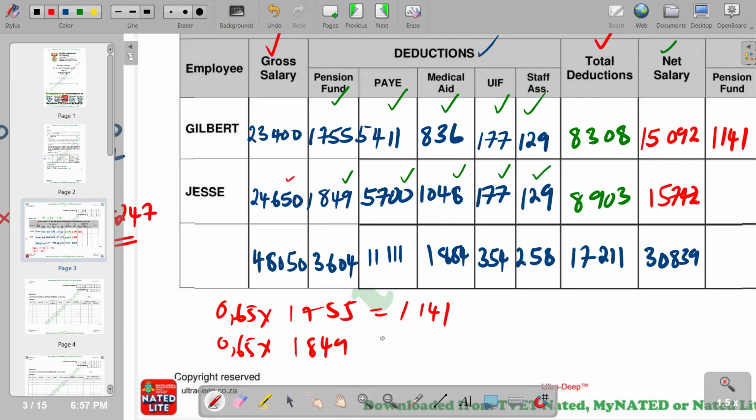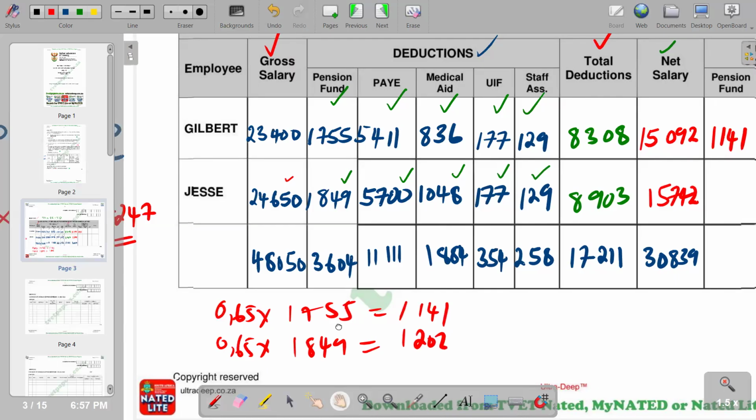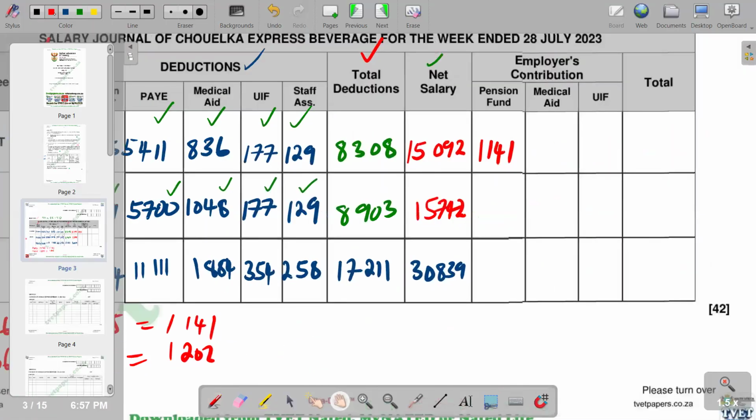We calculate like that, and we're going to get 1,202. So this is the same figure that we are going to put here. Of course, we had to get the total. 1,141 plus 1,202, you get your 2,343.